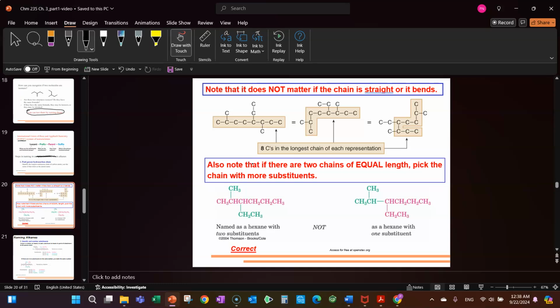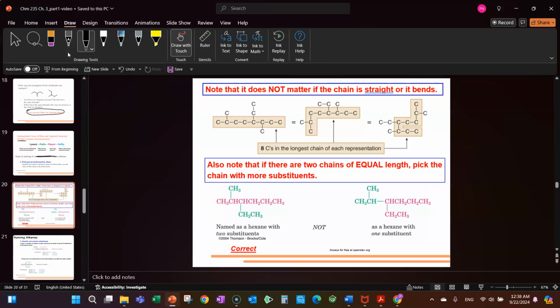If the chains are of 2 equal lengths, then how do you decide? Then you go with the chain that has the greater number of substituents. Again, remember, anything that is sticking out of the chain is called a substituent.